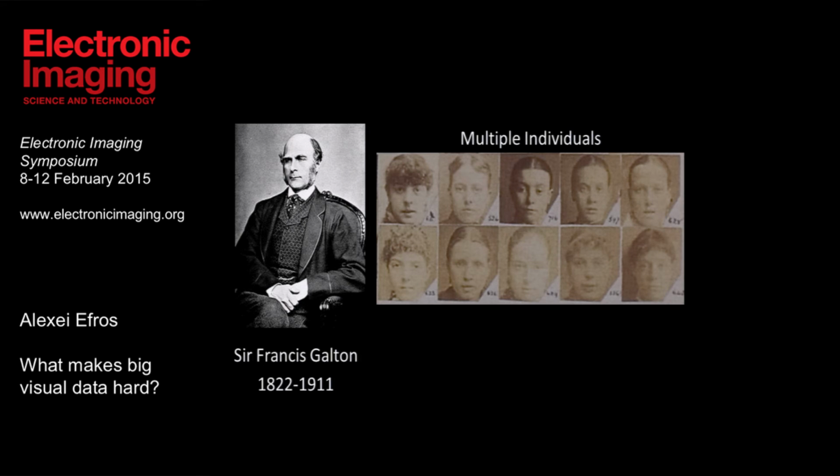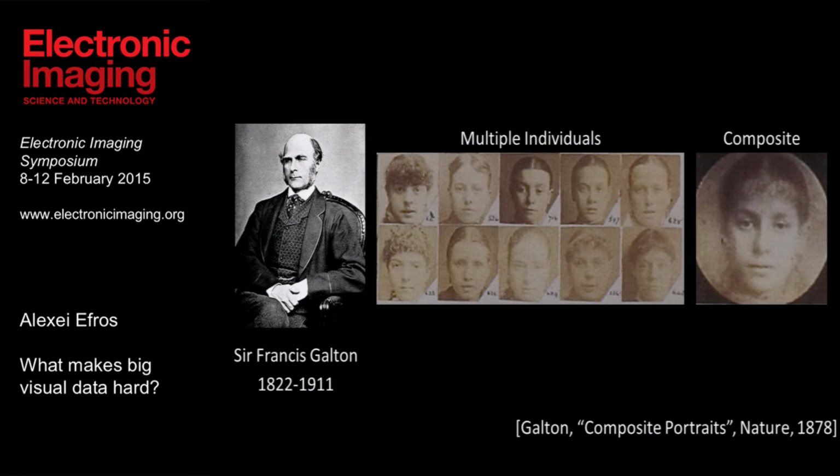Okay, and that made us think back to the origin of these average images. The story starts with Sir Francis Galton, at the very beginning of photography, really. He was the first one to have this idea of taking multiple exposures onto the same photographic plate to get what he called composites.